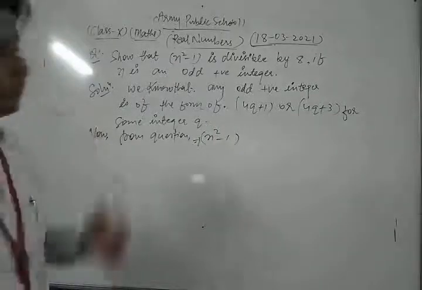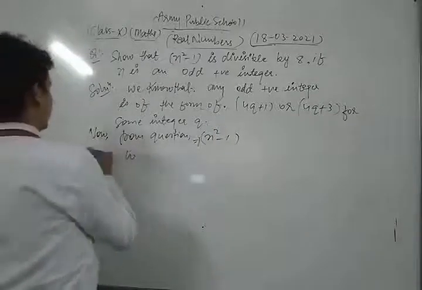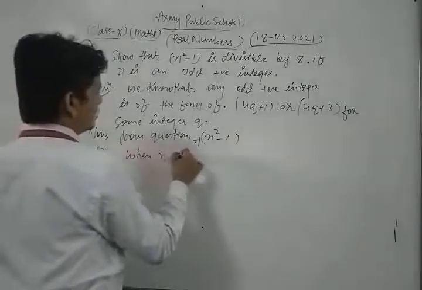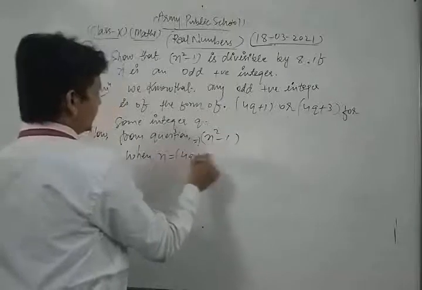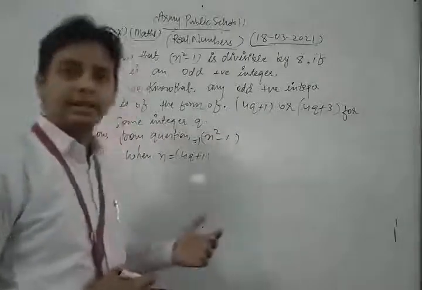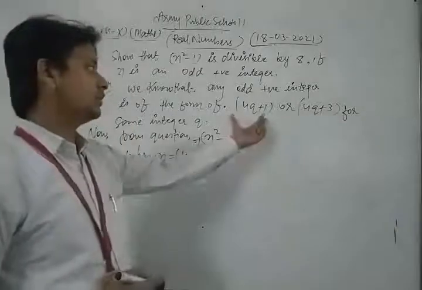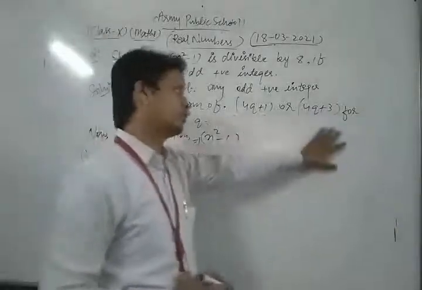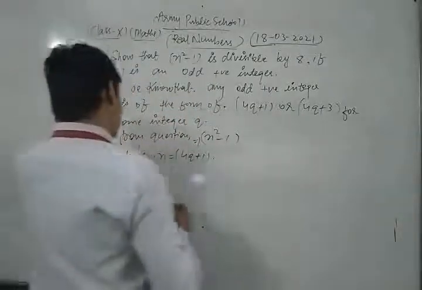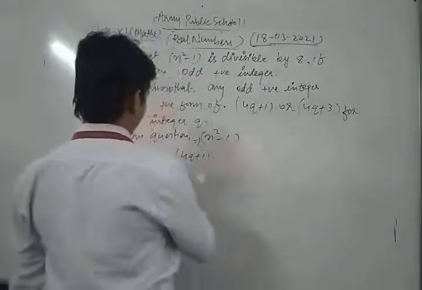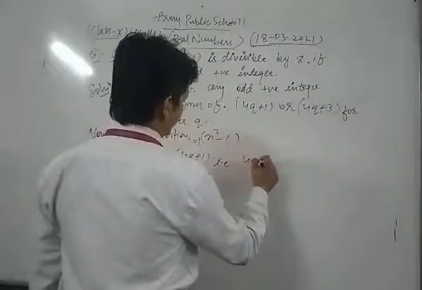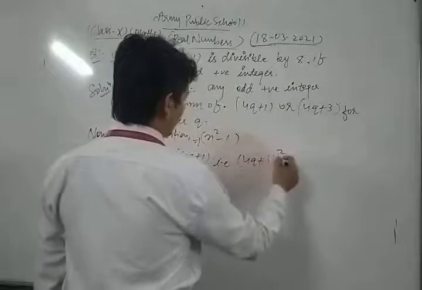Case 1: when n is equal to 4q plus 1, because n is any odd positive integer, of the form 4q plus 1 or 4q plus 3. So n square minus 1 is (4q plus 1) whole square minus 1.